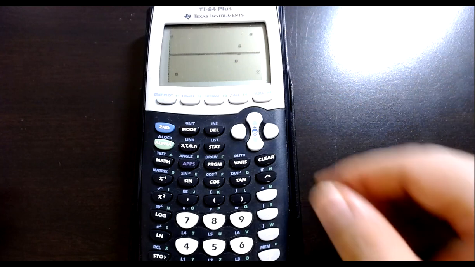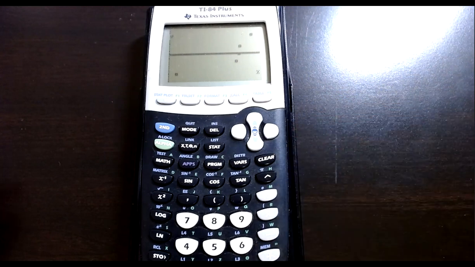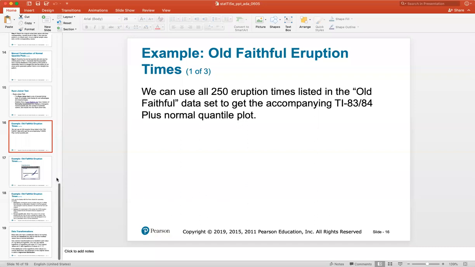Okay, so now let's see how to plot the normal quantile plot for the example in the textbook. For the Old Faithful geyser eruption times, the textbook uses all the data in the sample, 250 eruption times listed in the data set in Appendix B. You don't have to manually enter all 250 data values into the calculator.